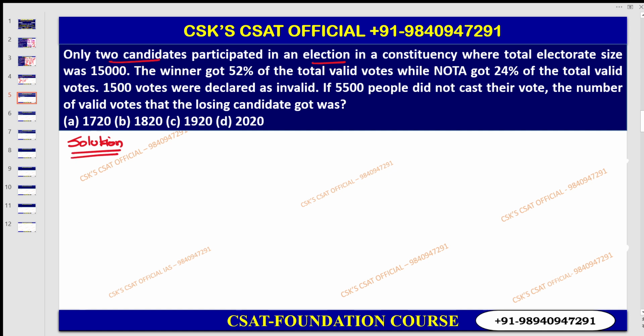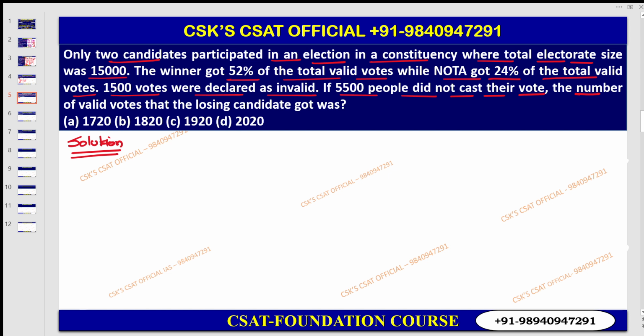Only 2 candidates participated in the election in your country's constituency. So the data: 15,000 here. The winner got 52% of the total valid votes, while NOTA got 24% of the total valid votes. 1500 votes were declared invalid. 5500 people did not cast their vote.